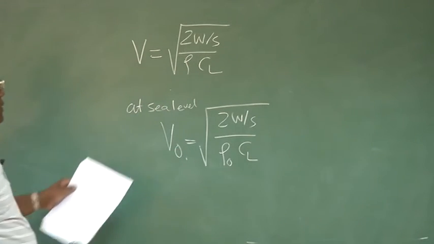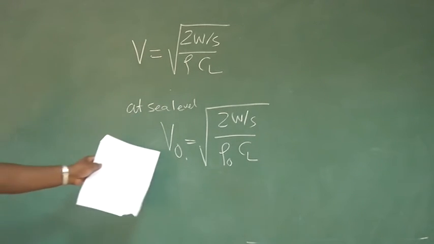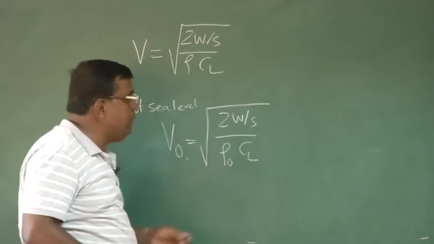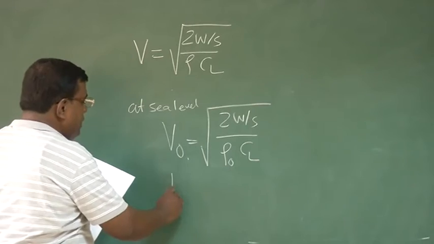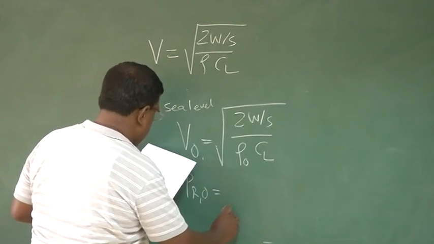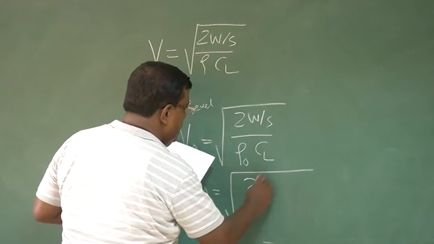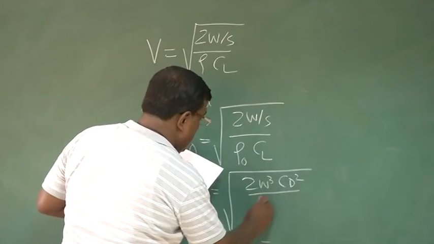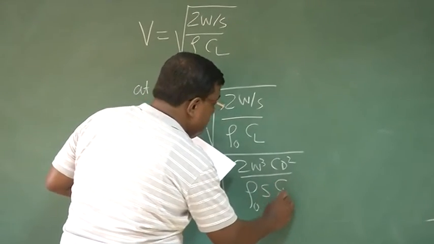So this V naught represents sea level condition. Rho naught is sea level density. Similarly, power required at sea level will be, we know this expression, 2W cube CD square by rho naught S CL cube, to the power half.